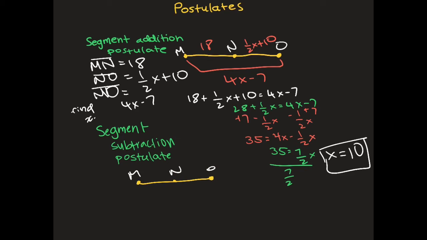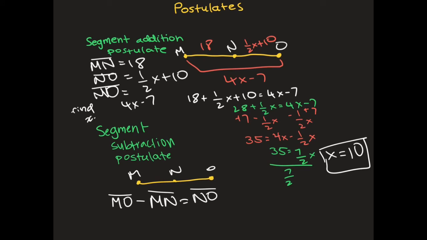So you're given MO and you're given MN and NO. So you're doing MO minus MN, and that will give you NO. And it works vice versa, so MO minus NO gives you MN.